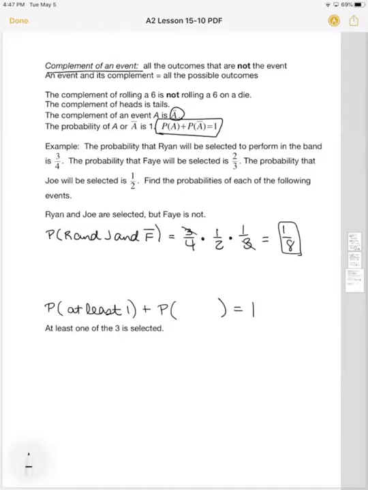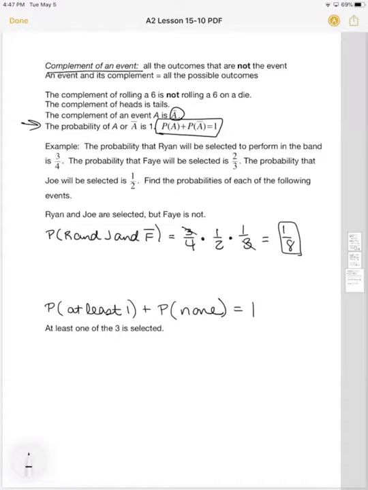The probability of an event and its complement is 1. What is the opposite of at least one of these 3 students making it? The opposite of at least 1 making it is nobody making it. So when you have at least 1, the complement is none.